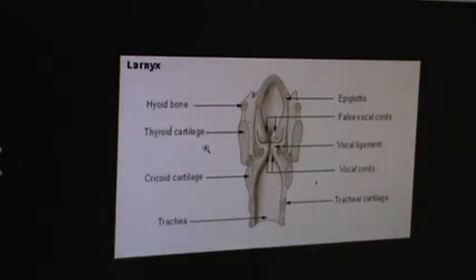And then a vocal ligament, interesting. You can poke around that. So the word cartilage, of course, just keeps cropping up. We've done that before. We did a good job on that.